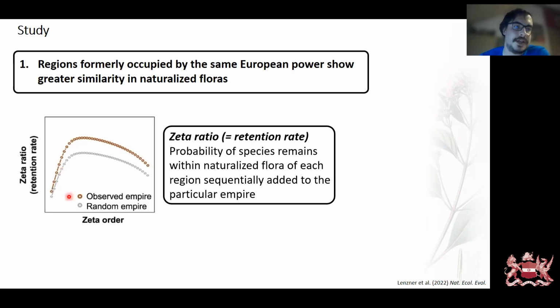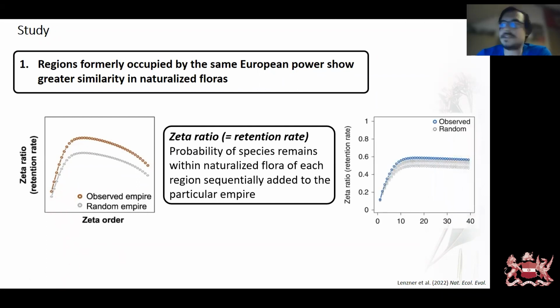So if we are looking at 2 regions, it's the probability that we find the same non-native plant if we add a 3rd region. The zeta order here is the number of regions that we are comparing. So the mean pairwise similarity of 2 regions, of 3, of 4, and so on.